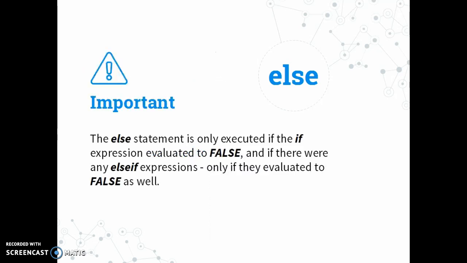One important thing about the else statement is that it is only executed if the if expression evaluated to false, and if there were any else if expressions, only if they evaluated to false as well.